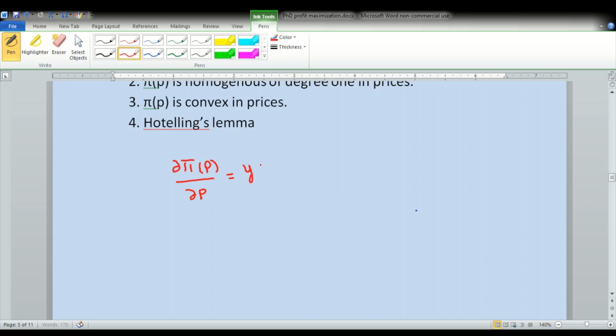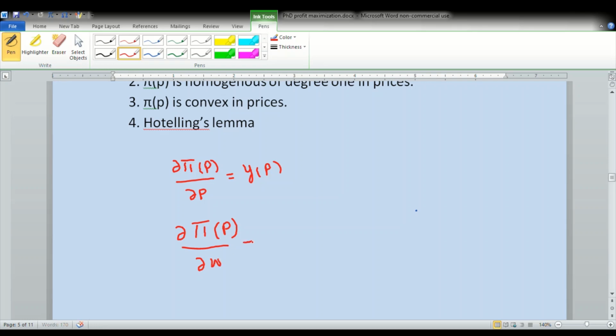If the price is an input price, then you will be getting a factor demand function. This is something that I have already stated, and I don't need to repeat it now.